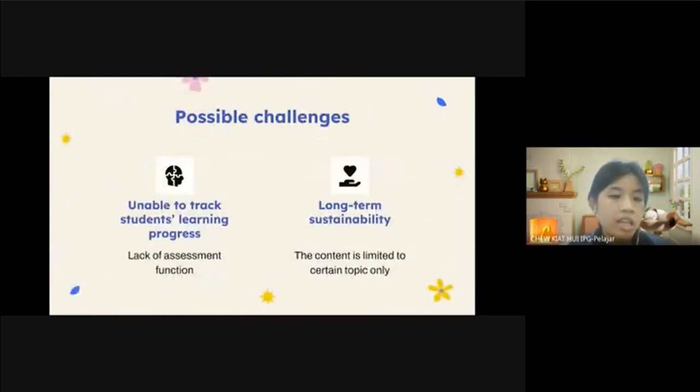So on the other hand, there are also possible challenges which occur in the implementation of this Smart Food. First, there is the possibility of being unable to track the students' learning progress, as Smart Food is a tool used for input purposes for the students, and it doesn't have an assessment function.